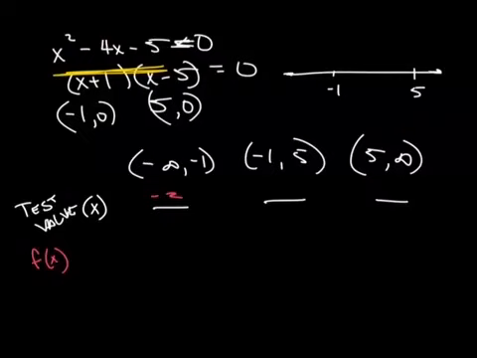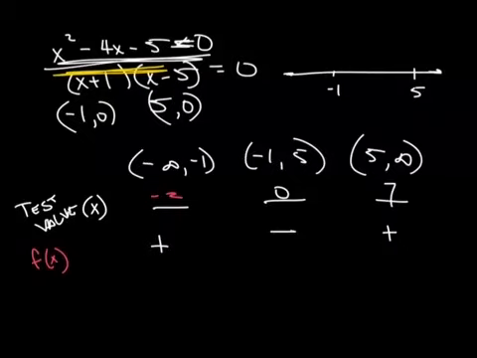So I get a positive answer. That's all I care about. When I put in this interval here, let's say I put in a 0, when I put 0 in this original problem up here, it's going to kick out a negative answer. It's going to give me a negative 5. And in the third one, when I put in a 7 there, and I put it in here, it's going to kick out a positive answer.